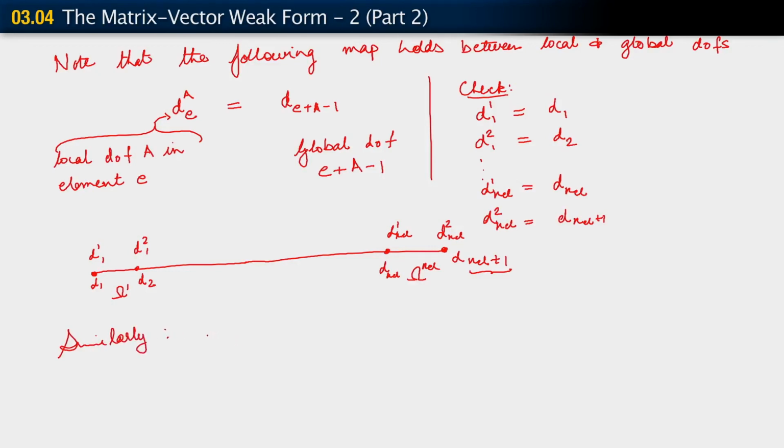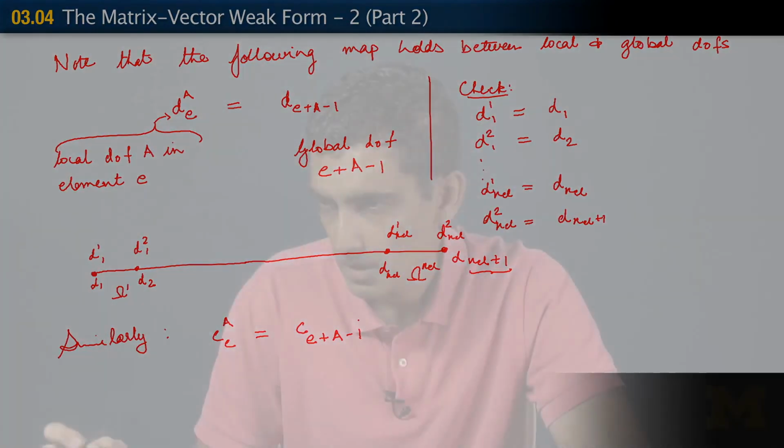Right, similarly we have c^E_A equals c_{E plus A minus 1}. All right. So we made the observation about this mapping between local and global degrees of freedom.